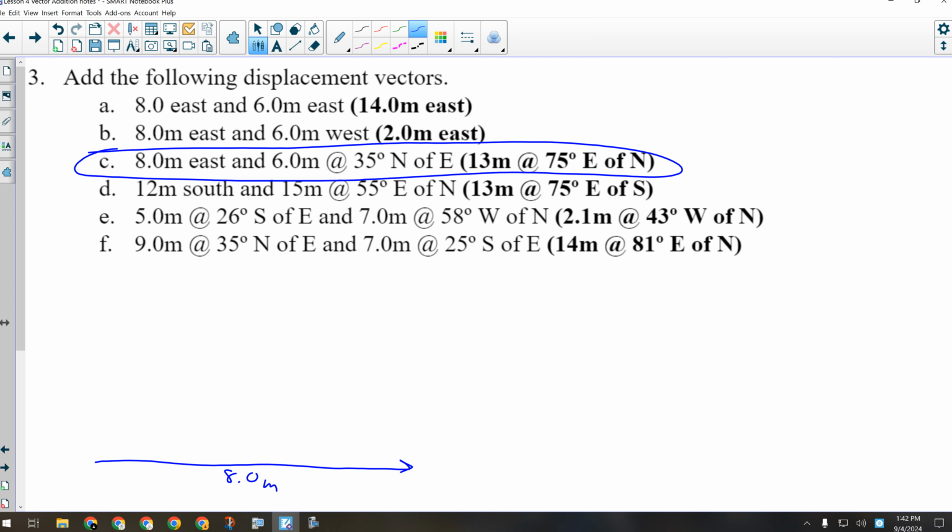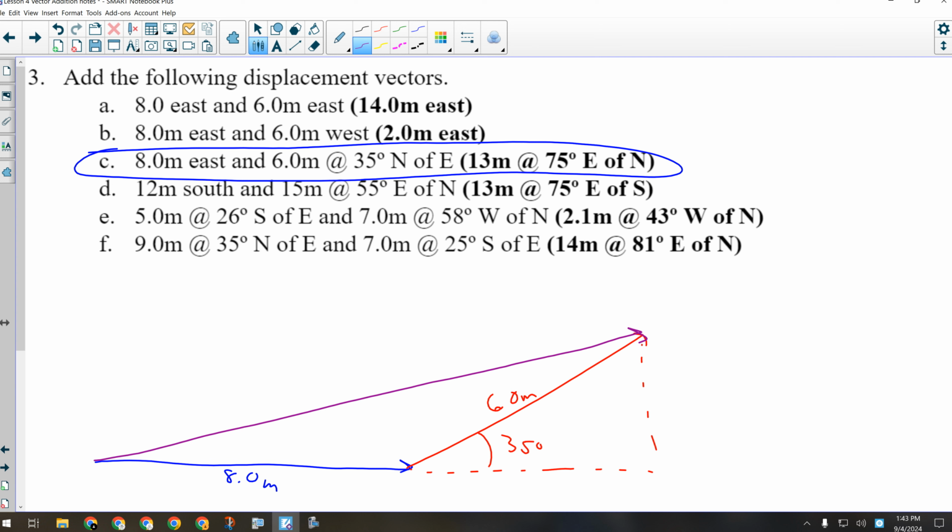It should look something like that, with this being the total displacement.